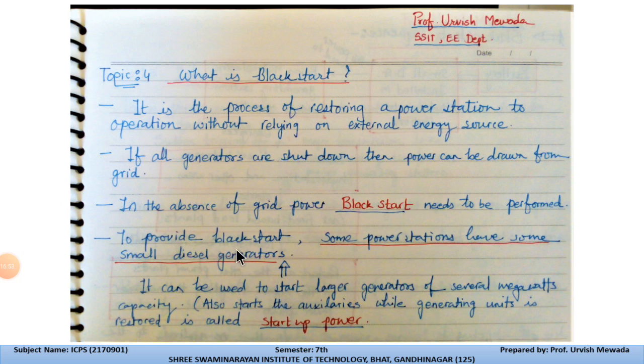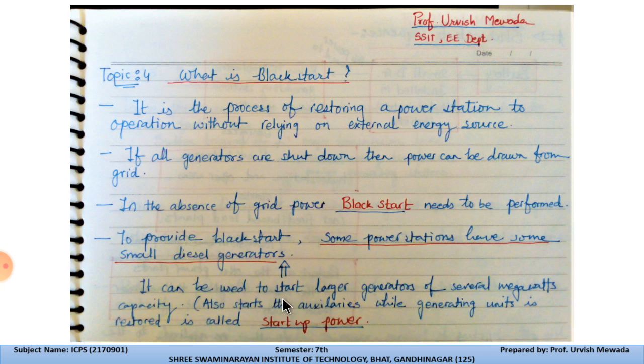So to provide black start, some power stations have small diesel generators, and with those they can start up. If the generators start developing power and reach their rated value, then we can connect that generating station to the grid again.